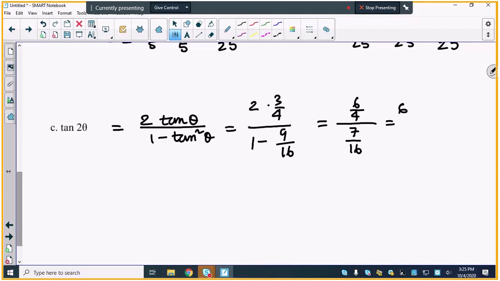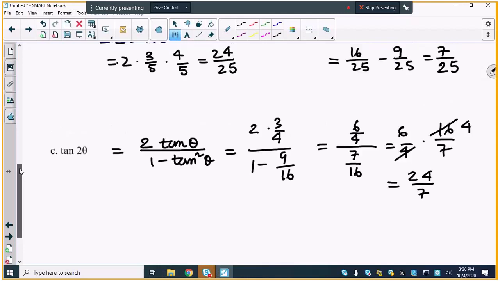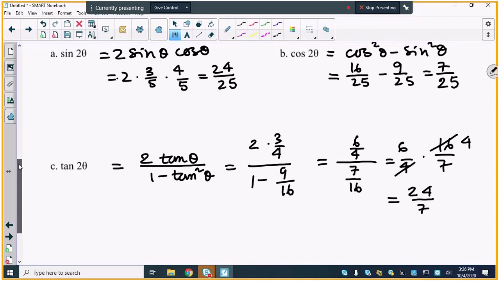Dividing by a fraction means multiplying by its reciprocal, so I do 16 over 7, and then I simplify: I cancel the 4, I divide 16 by 4, I get a 4. 4 times 6 is 24, so my answer is 24 over 7. And that answers my question for the double angle formulas for sine 2 theta, cosine 2 theta, and tangent 2 theta.